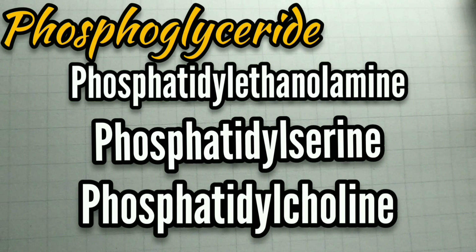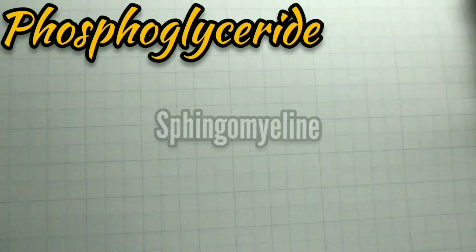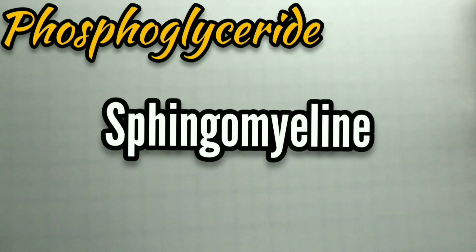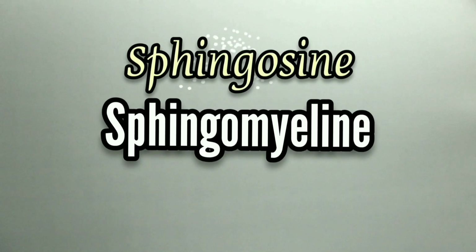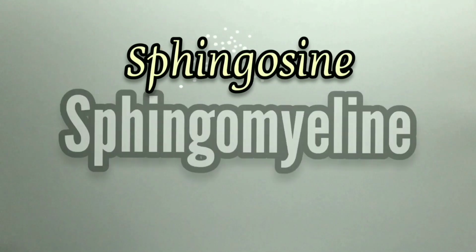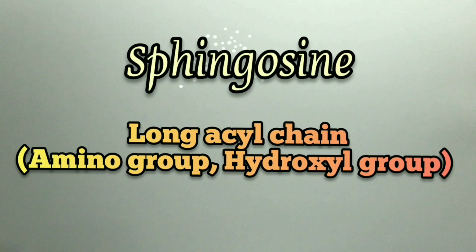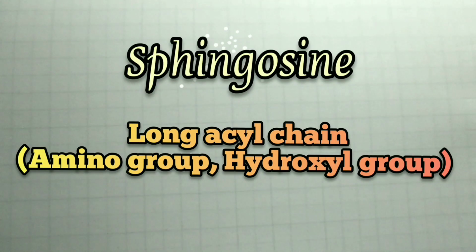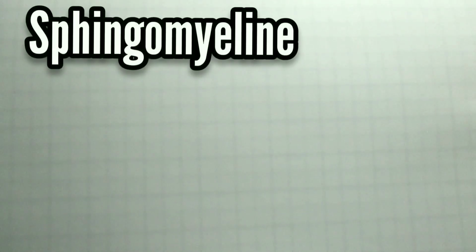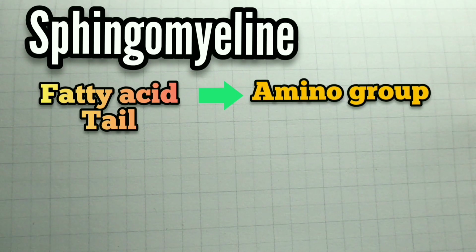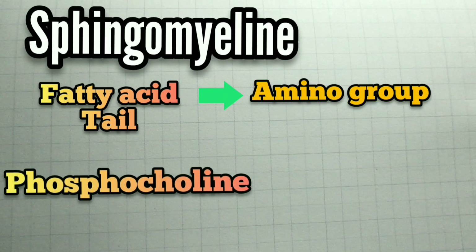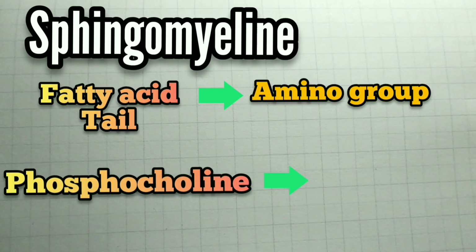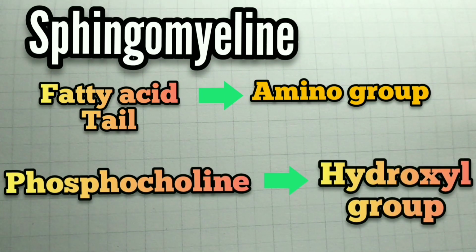Another important phospholipid called sphingomyelin is built from sphingosine rather than glycerol. Sphingosine is a long acyl chain with an amino group and two hydroxyl groups at one end of the molecule. In sphingomyelin, a fatty acid tail is attached to the amino group and a phosphocholine group is attached to the terminal hydroxyl group, leaving one hydroxyl group free.